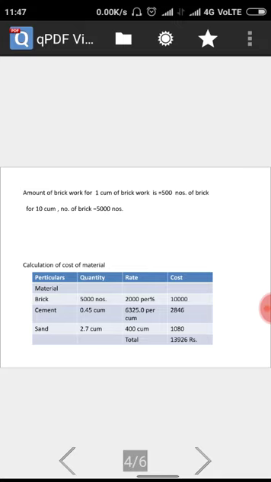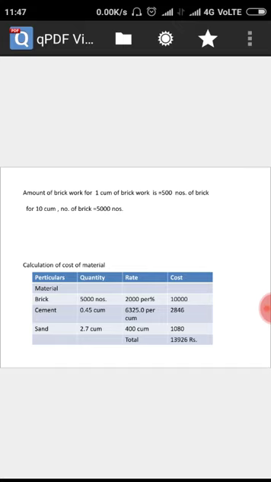Now the calculation of cost of material. We have to calculate the cost of material for this brickwork. The particulars of material: bricks, 5000 numbers. The rate of brick is 2000 per 1000. It means for 1000 bricks the rate is 2000, so for 5000 the cost is 10000.